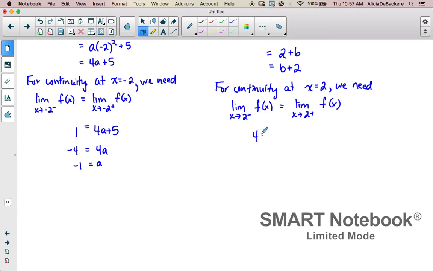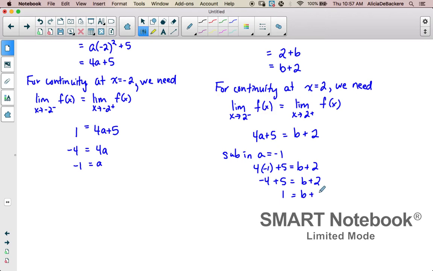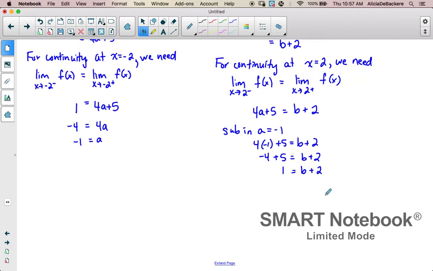So we need 4a plus 5 to equal b plus 2. So at this point, I'm going to sub in my a value. And I get -4 plus 5. And then I can solve for b. And it's actually the same as a, -1.